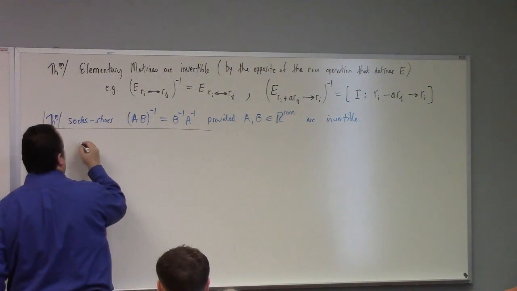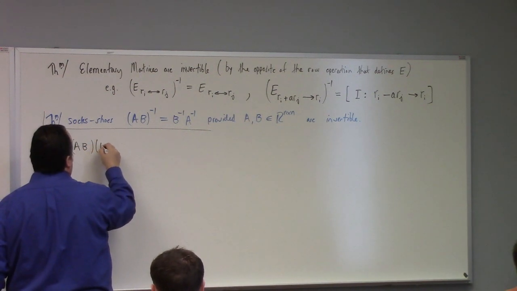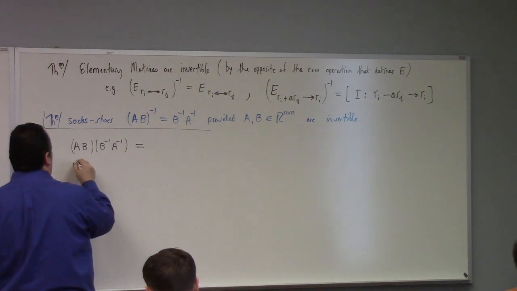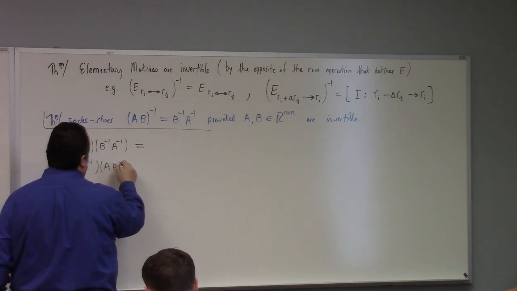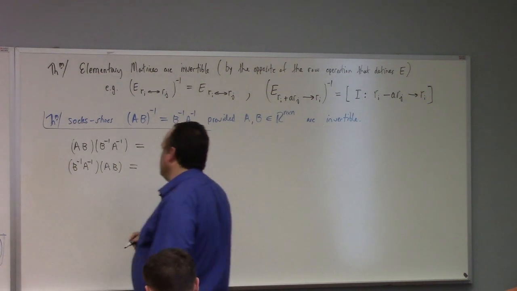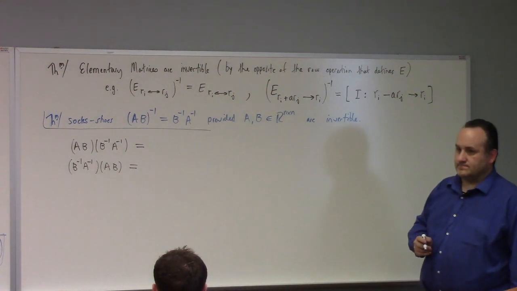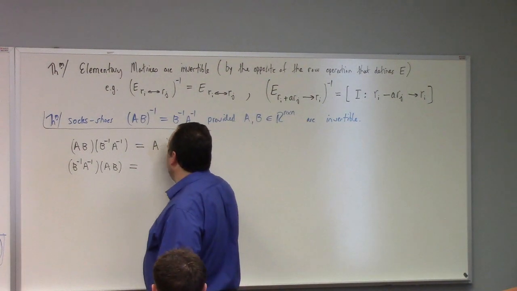Check it out. So if I have AB times B inverse A inverse, what happens? And if I have B inverse A inverse times AB, what happens? See, I have A times, what's BB inverse?